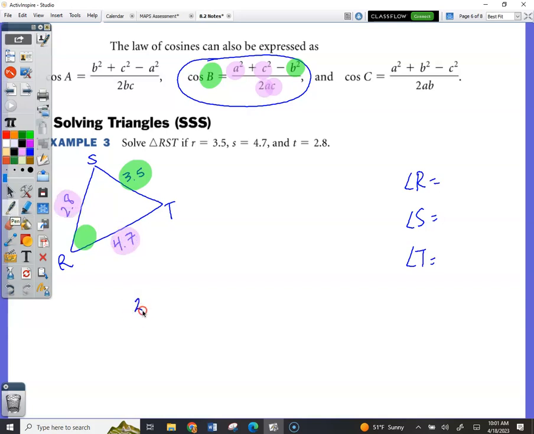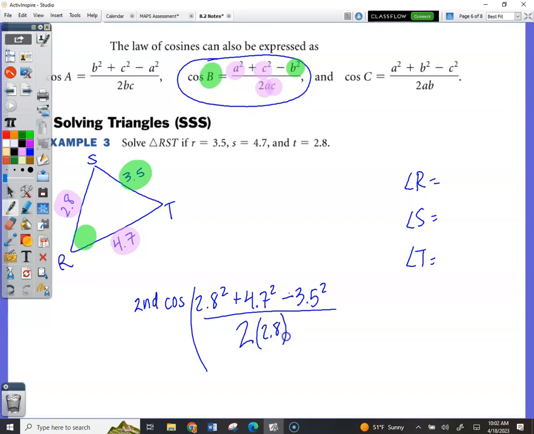So in my calculator, I know I would push second cosine, and it's going to be the flanking sides squared and added together minus the side it forms over 2 times repeat the flanking sides. And then I can get my answer immediately.